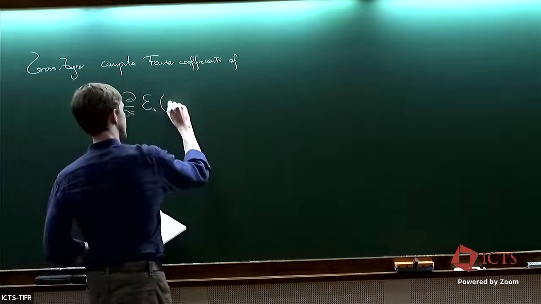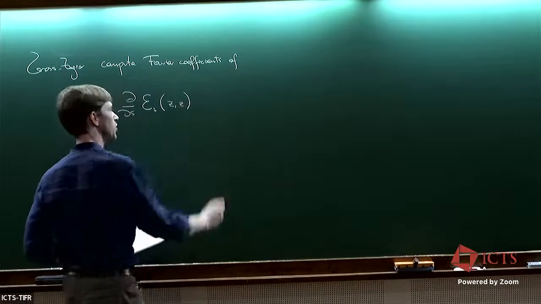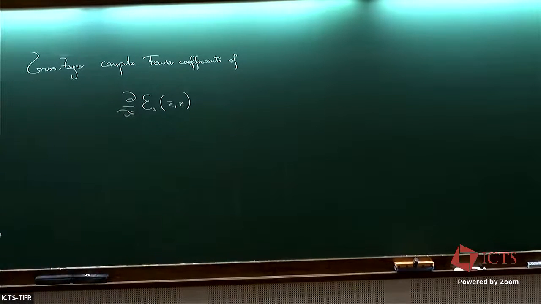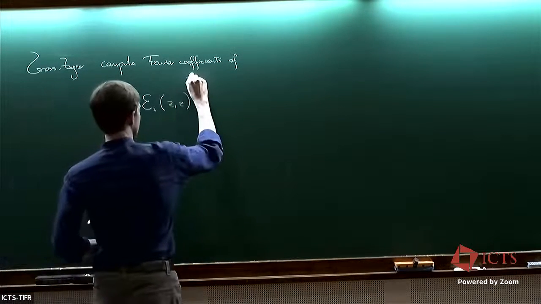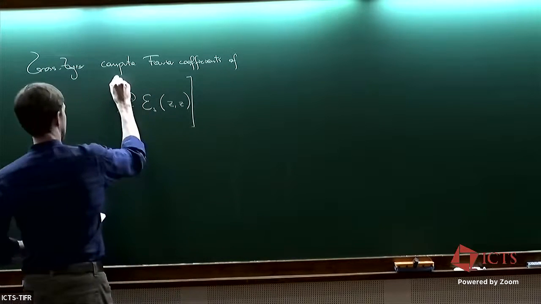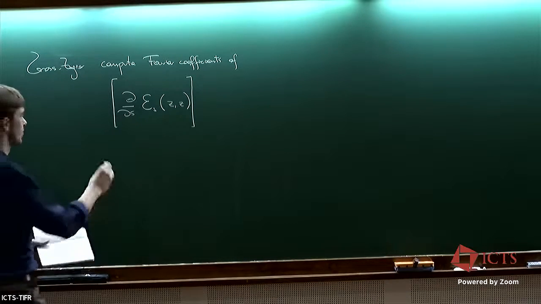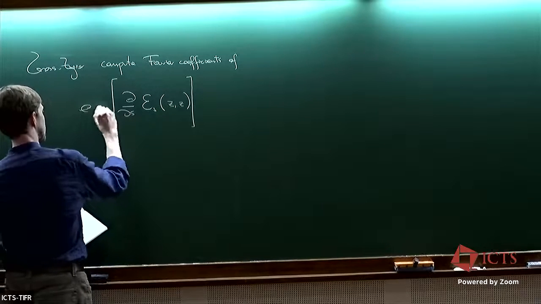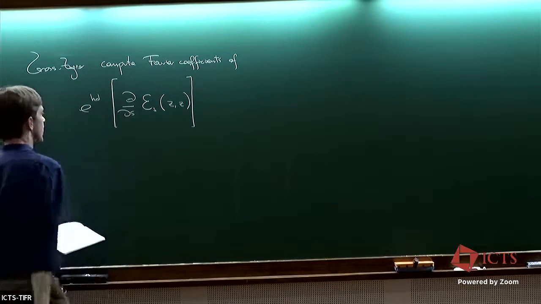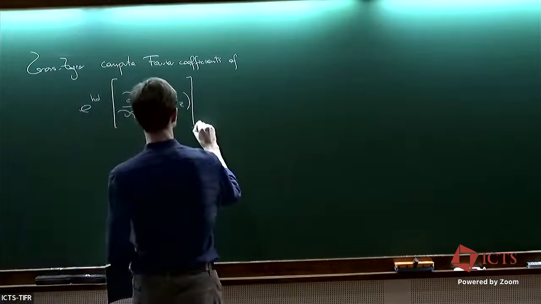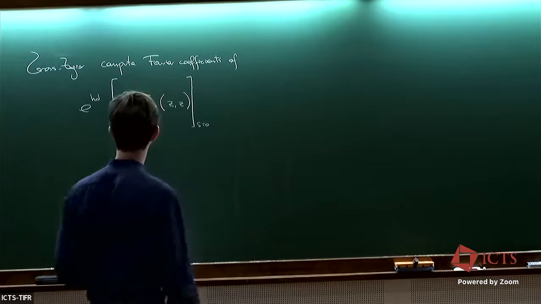They're going to restrict it to the diagonal, so setting both of the variables equal to each other. And the end result is an analytic form of level SL2Z and weight 2, 2 being 1 plus 1. It's an analytic modular form, and so to get a holomorphic modular form, they apply Sturm's holomorphic projection operator. So this is the form that they consider in the end.